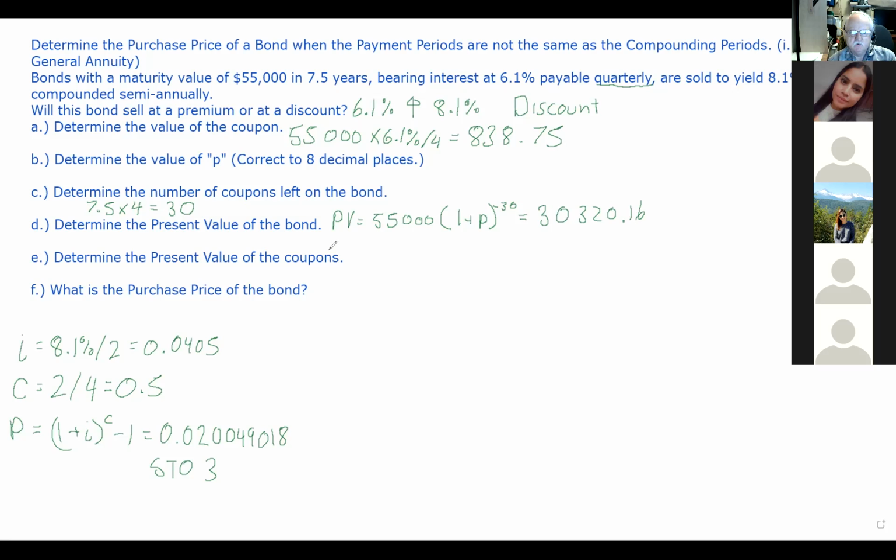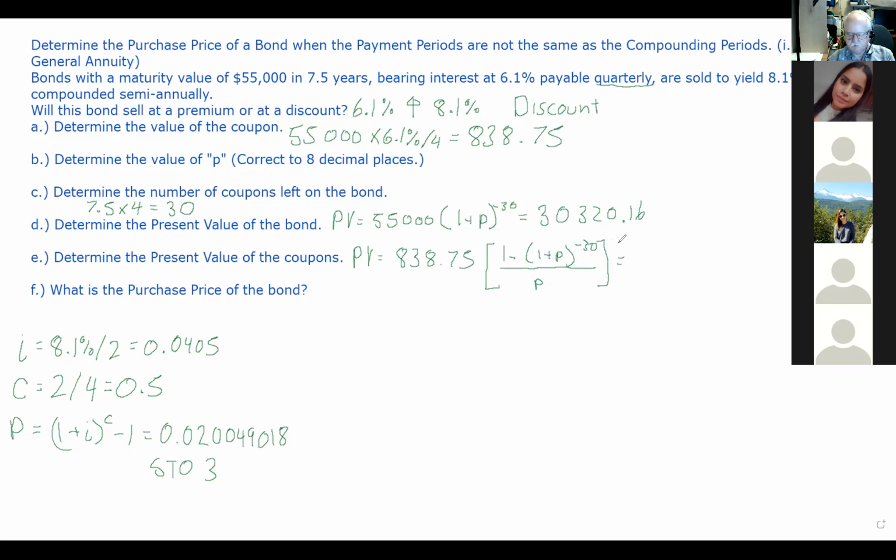So determine the present value of the coupons. Present value equals, and the coupon we determined was 838.75, times 1 minus (1 plus P) to the power of -30, over P. Let's see what we get there.